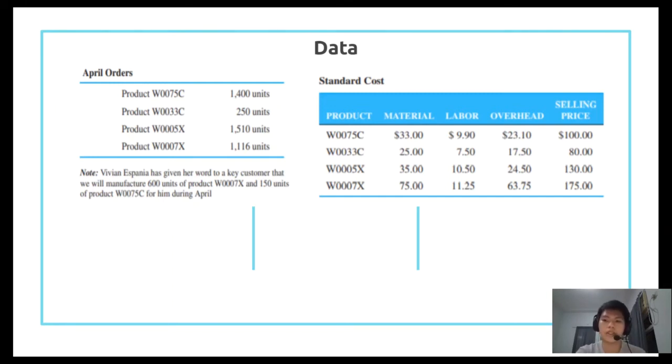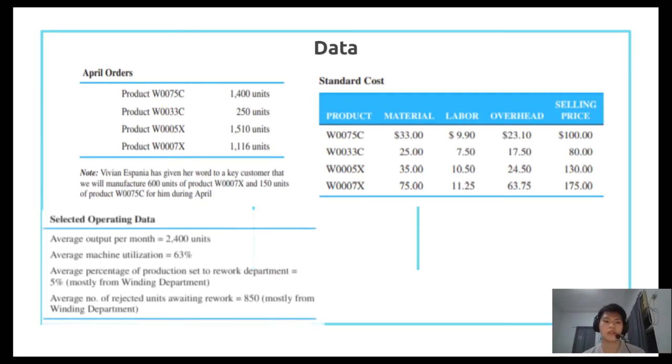We can also see the selling price of the product. Next, we have our selected operating data. Average output per month is 2,400 units. Average machine utilization is 63%. Average percentage of production sent to the rework department is 5%. Average number of rejected units awaiting rework is 850.